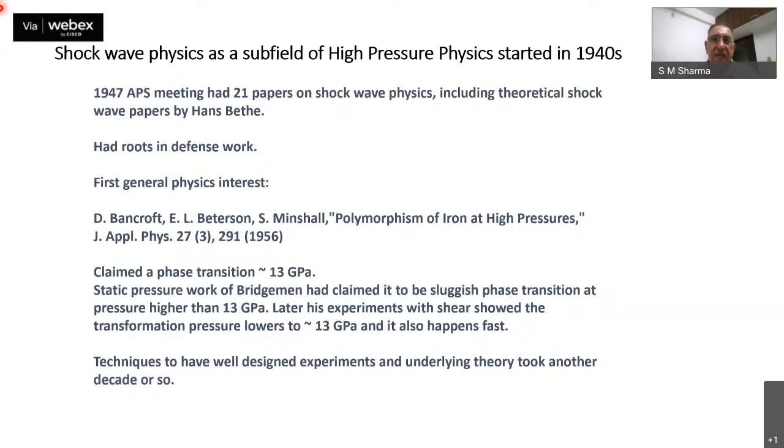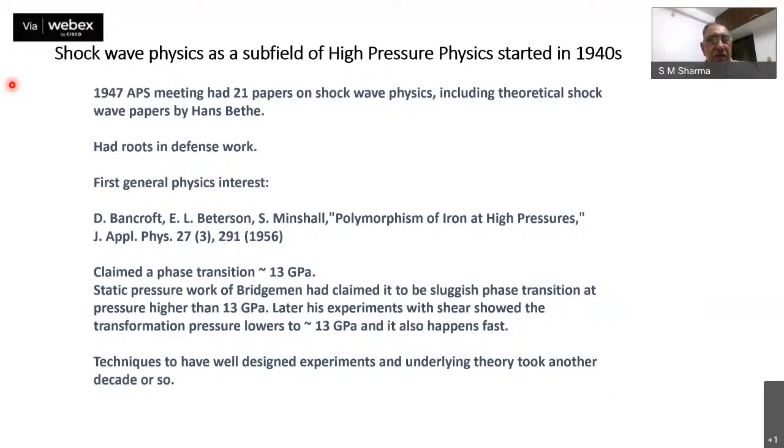And it also had a theoretical paper by Hans Bethe, who was known as a pioneer in this field, as later work proved. In fact, somewhere prior to that, I think in 1942, he had written a report on theory of shock waves for an arbitrary equation of state. It was a restricted report, not available to many people, but that is kind of the first published report that one can refer to.